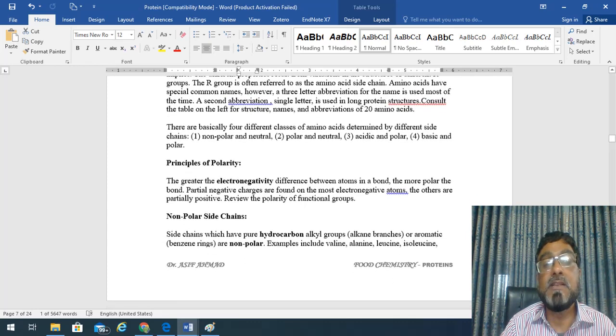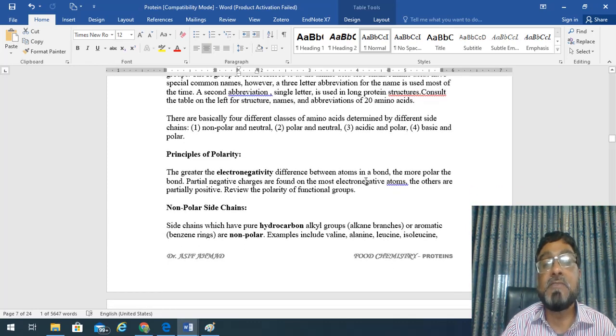So we have seen that amino acids can be differentiated on the basis of polarity and their acidic, alkaline or neutral behavior. We have seen nonpolar and neutral, polar and neutral, acidic and polar, and basic and polar amino acids. So what is the reason for these?